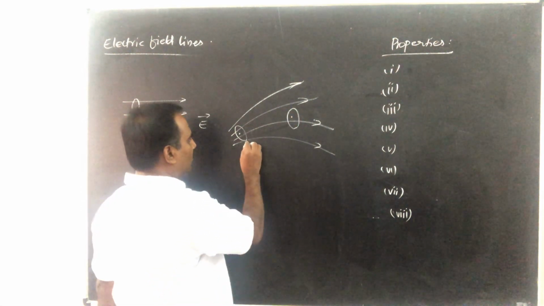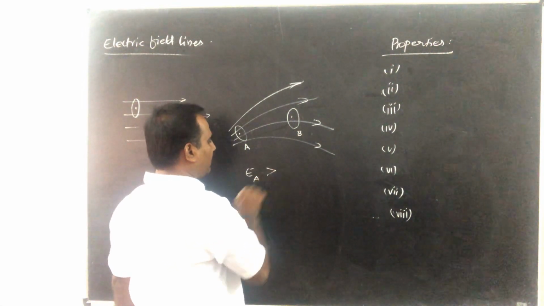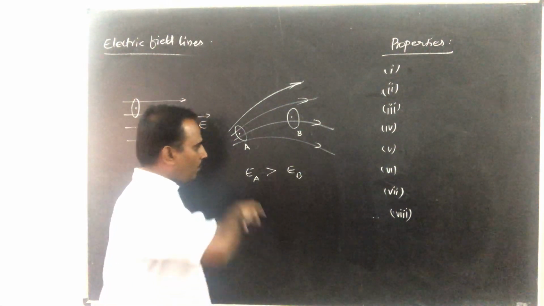That means here at this point A, the electric field magnitude is more than at the point B.